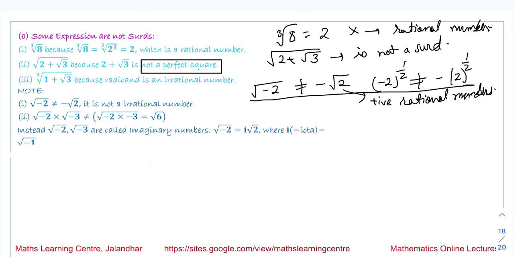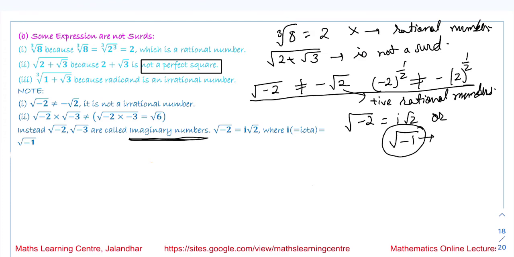These other numbers are called complex or imaginary numbers, and the value square root of minus 2 is equal to iota root 2, where square root of minus 1 is given a special name, called iota. It is represented with this. So these are complex numbers that you can study in your higher classes.